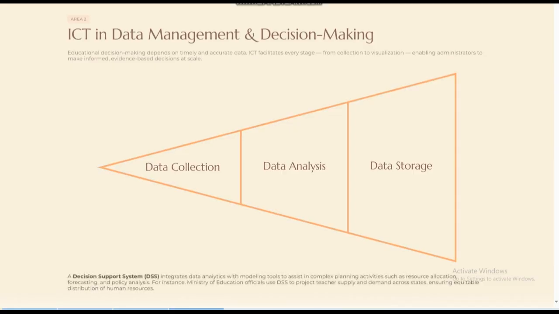We have what we call the decision support system, which integrates data analytics with modeling tools to assist in complex planning activities, such as resource allocation, forecasting, and policy analysis. For example, the Ministry of Education uses DSS to project teacher supply and demand across states, ensuring equitable distribution of human resources.